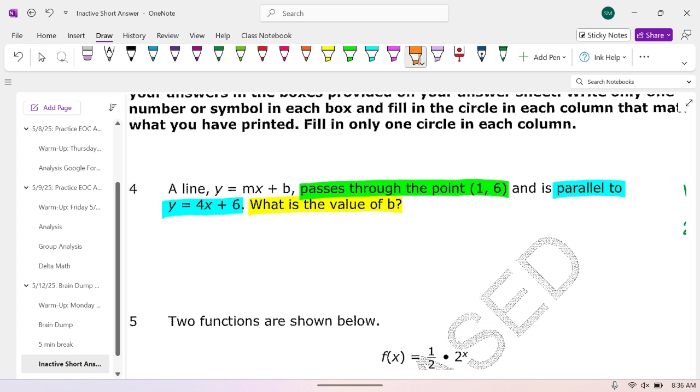And then the last thing I would say is that you want the line y equals mx plus b. So, some things that we know. What's one thing that we know about this problem? Addie. Passes through that point. All right. Specifically, we're dealing with what type of function, Ralph?